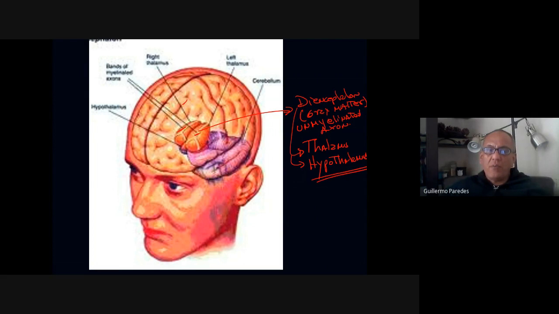Why is it called hypothalamus? Because it's below the thalamus, right? So we have thalamus here, and below that, under this, you're going to find the hypothalamus. Hypothalamus is one of the very important components.